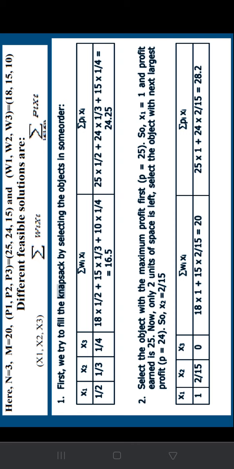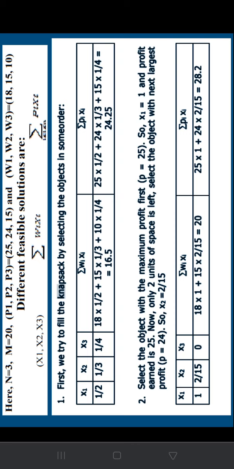Now solution 2: select the object with the maximum profit. Here the maximum profit is 25. So we choose the full object, whose weight is 18. After that we have only 2 units of weight left, so we add only 2 units of the object which has the next maximum profit, which is 24.